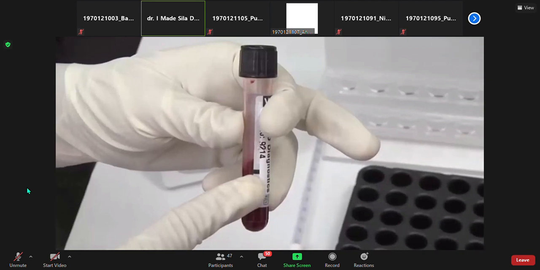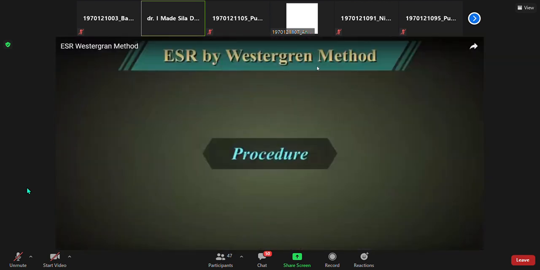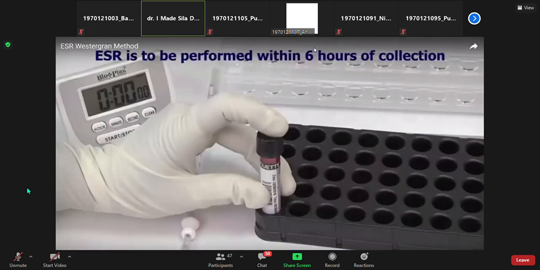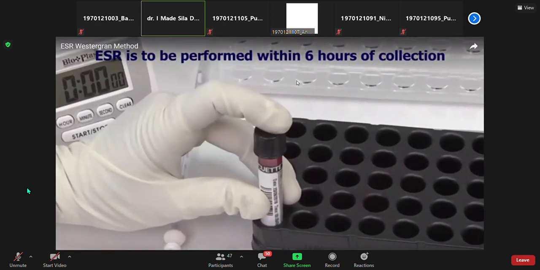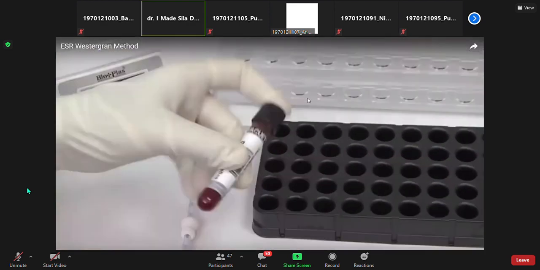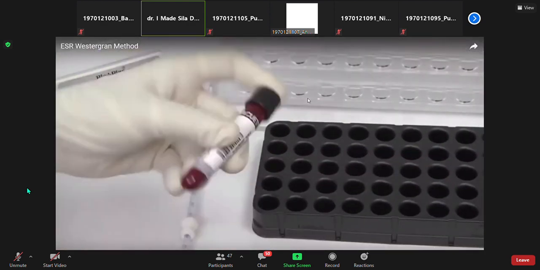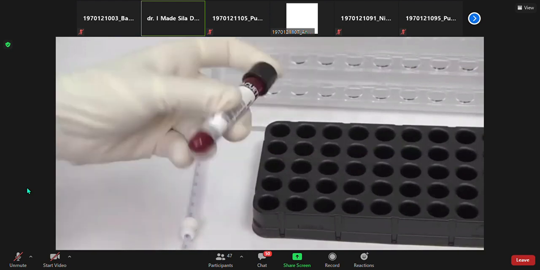Specimens. Collect the sample for performing the test. Procedure. Standard precautions should be followed. Collect 1.6 milliliters of blood by venipuncture in a 3.8% sodium citrate vacutainer and mix the contents thoroughly by inverting the vial at least.